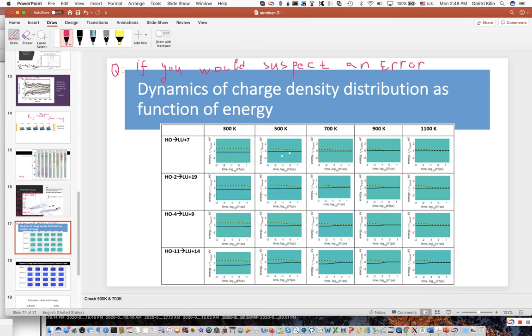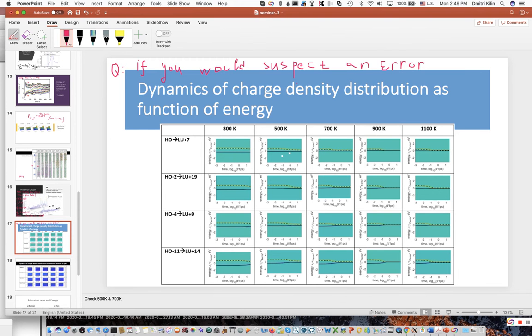Which aspect of this calculation is most strange and suspicious for you? Honestly, I am unsure. Okay, please develop your own opinion.